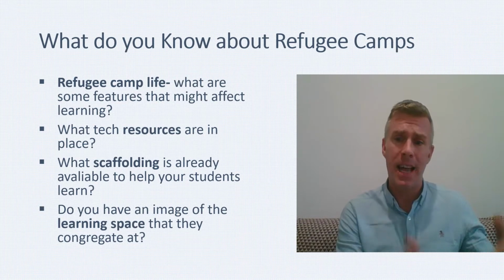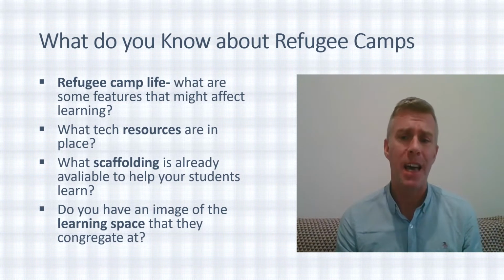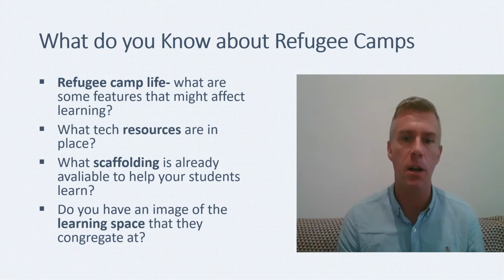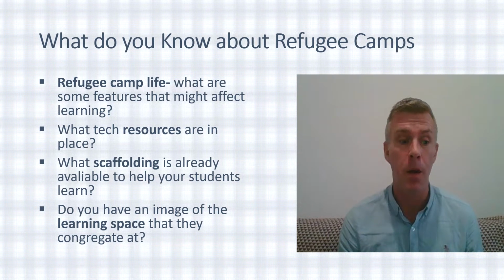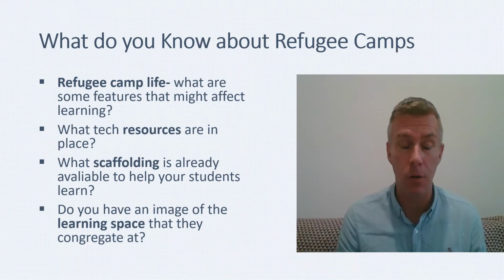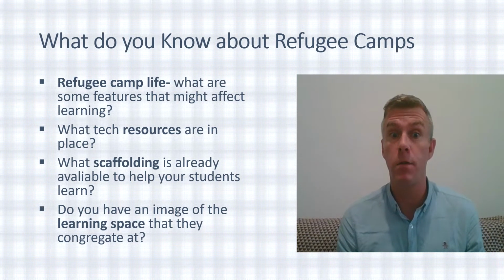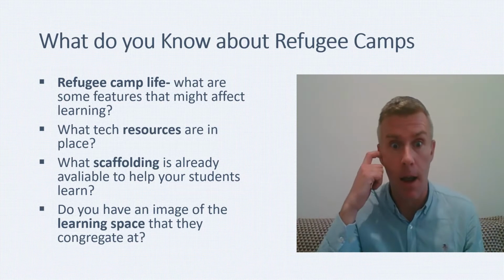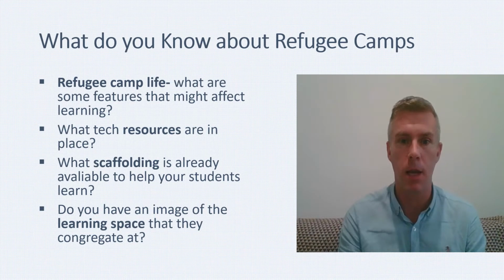Now, all those tech things aside, I think it's very important as well to find out what scaffolding is available to them. By scaffolding, I mean what kind of pedagogical support is available. Is there somebody physically there to help them organize the classroom, to organize timetables for access to whatever resources are available, if there are any? And what other kind of support system is around them?